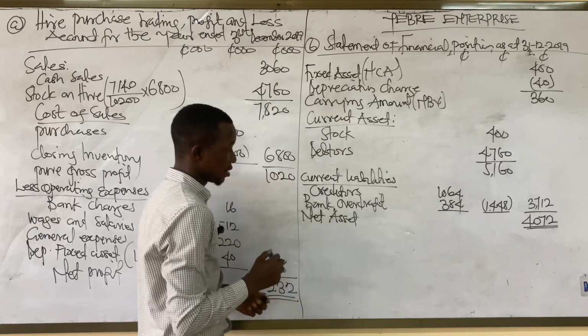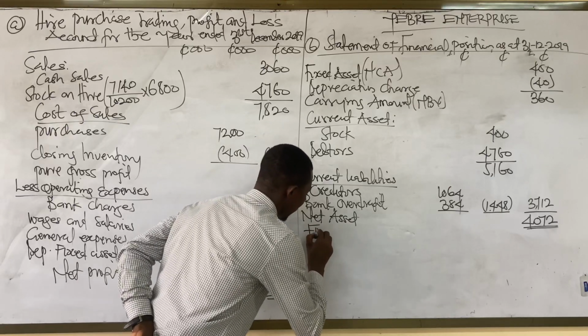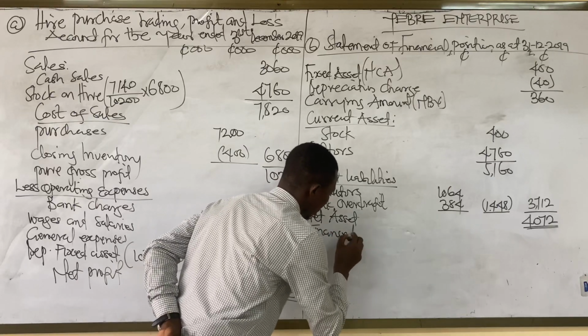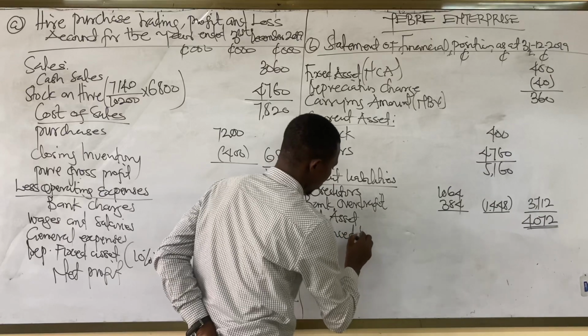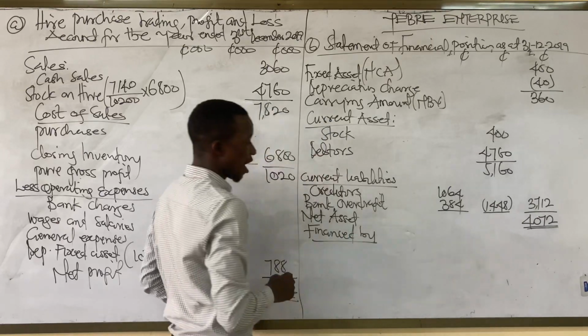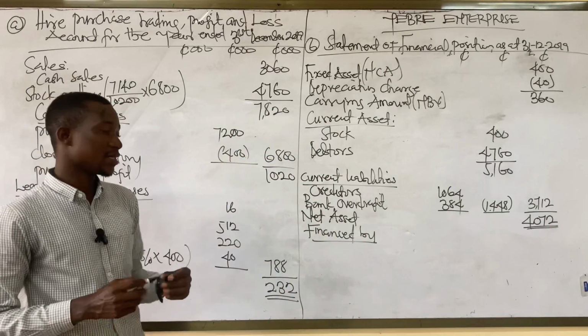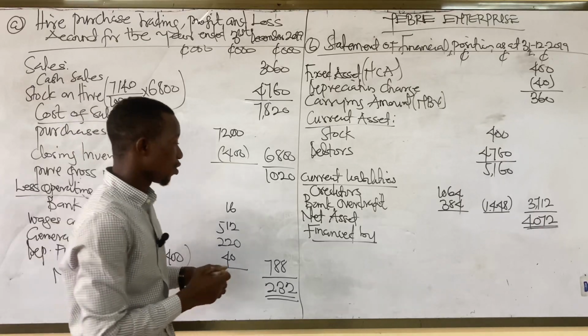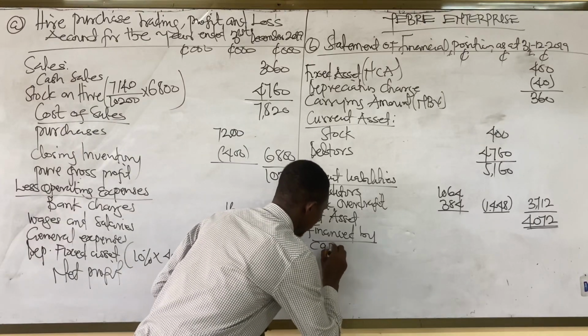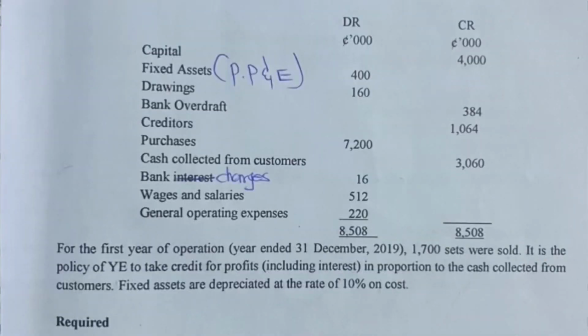Then we look at the financed by, how the hire vendor financed this net asset. Is that okay? So we begin with the capital. The capital from the question is an amount of 4,000.